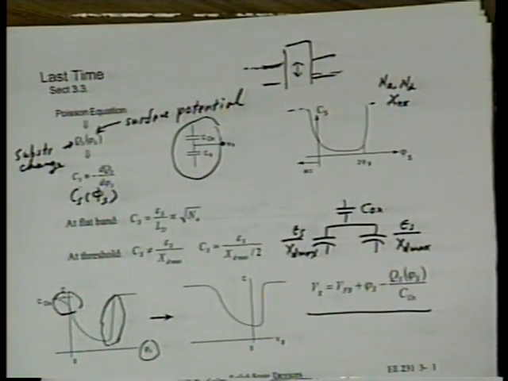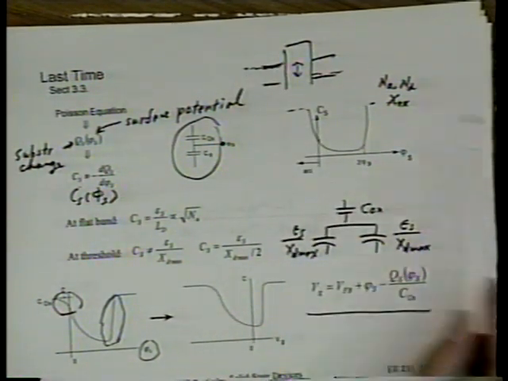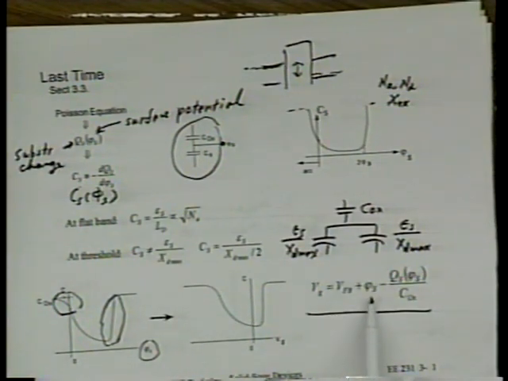That's VFB. So VFB is exactly what the name says and what you probably remembered from your first course in MOS theory. VFB is the flat band voltage. That's the voltage that has to be applied to the gate to make the bands flat like this. When bands are flat, phi s is 0, Vox is 0.